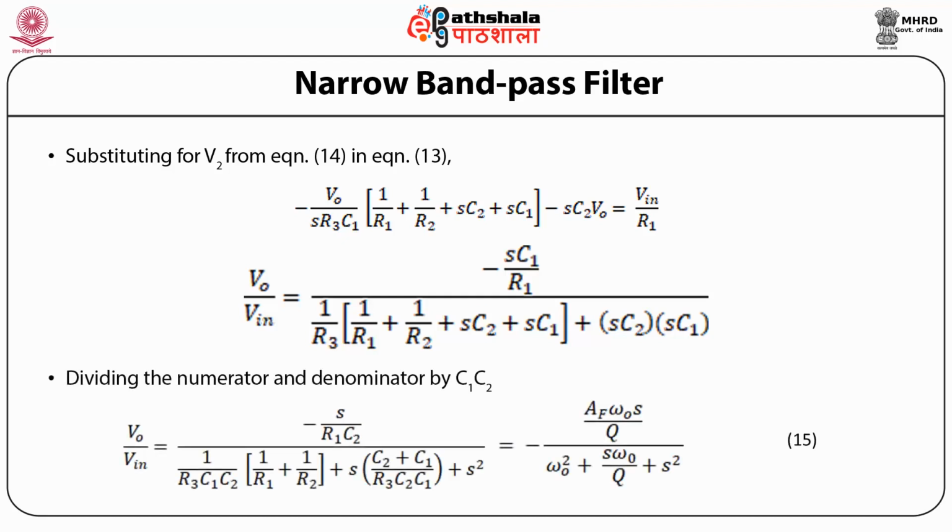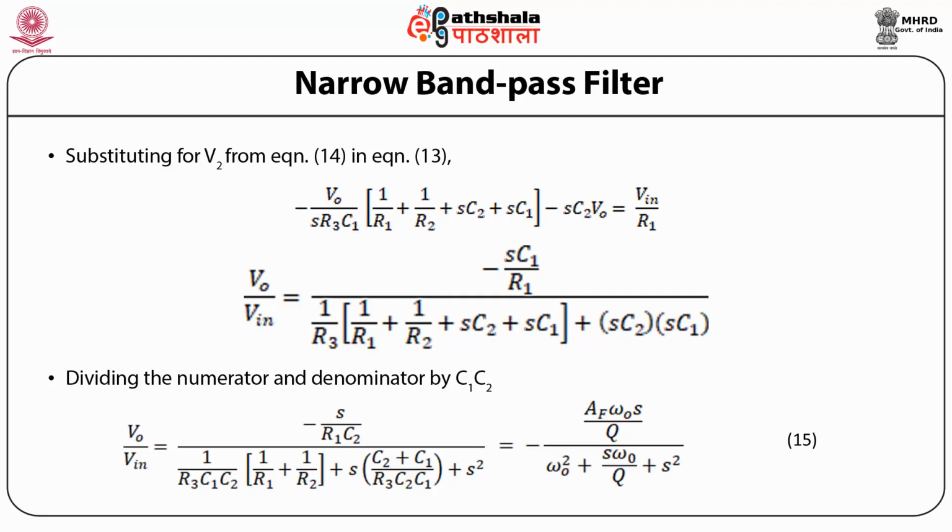Dividing the numerator and denominator by C1C2, we get V0 by Vn equals minus S divided by R1C2, divided by 1 by R3C1C2 into (1 by R1 plus 1 by R2) plus S into (C2 plus C1 divided by R3C2C1) plus S square.